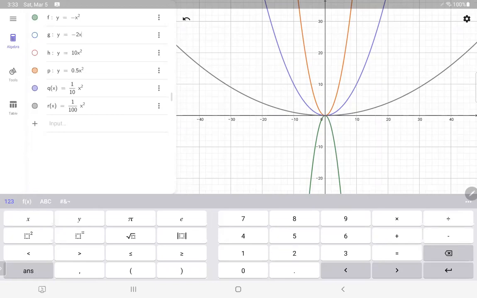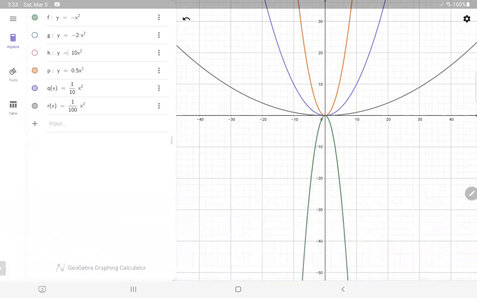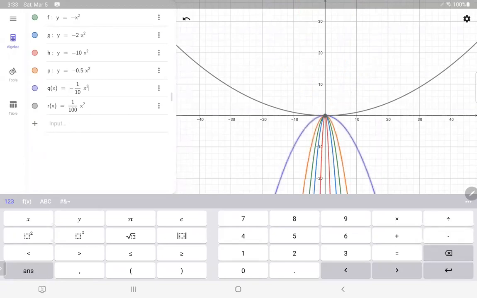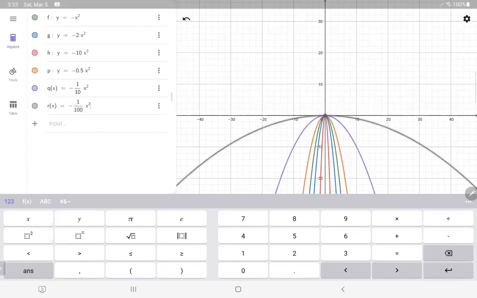Negative 2x squared. I don't know why. I think it's because the circle isn't filled in. Oh, thank you. I did not notice that. Apply the negative again. Here we go.